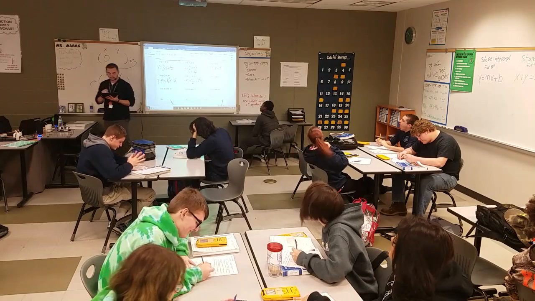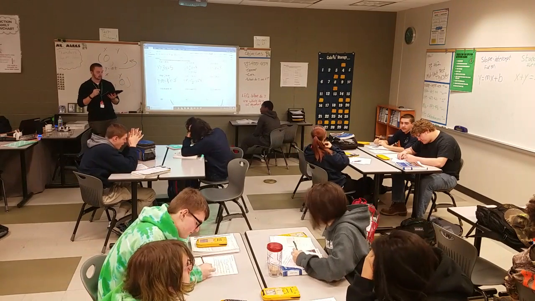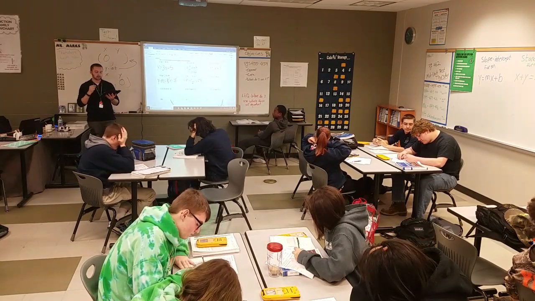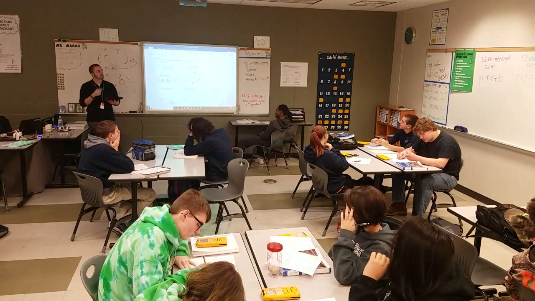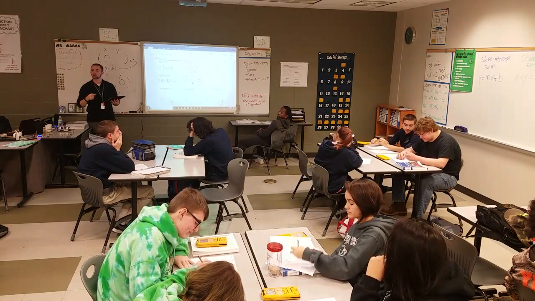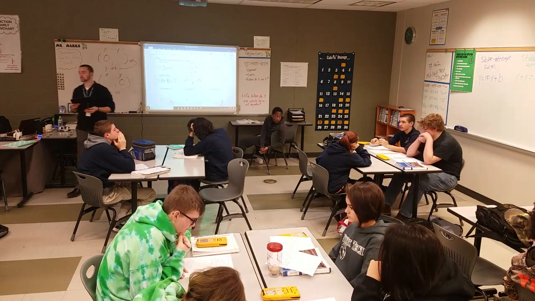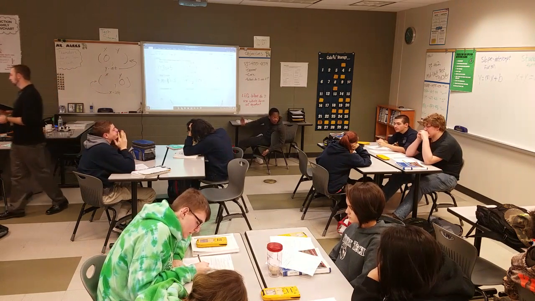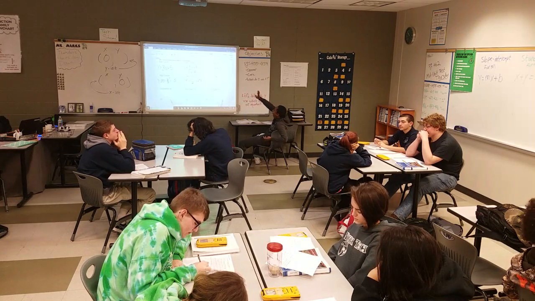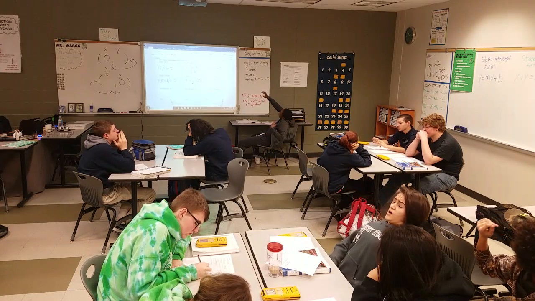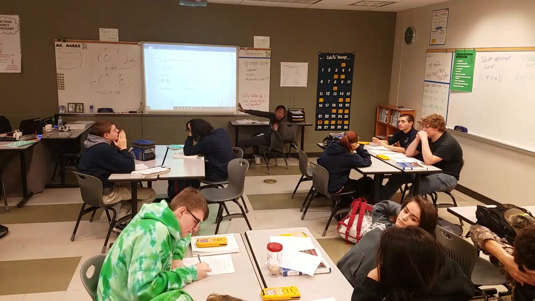Let's look at 6. M is equal to -1, and I have 8 comma -5. What form am I using? Shane, what am I using? What do I have? I have the slope, and what else?